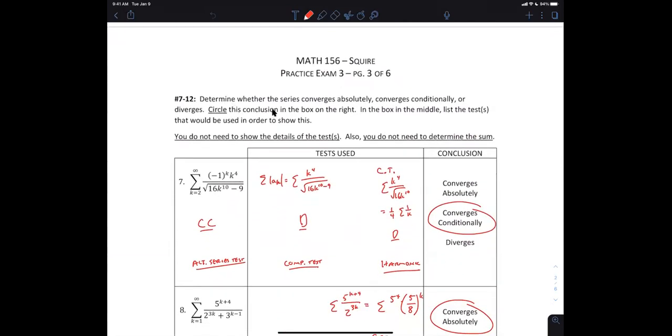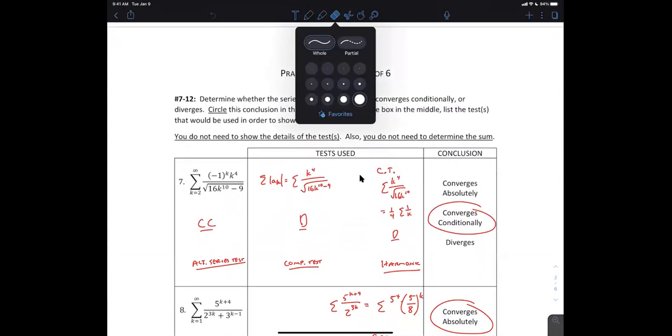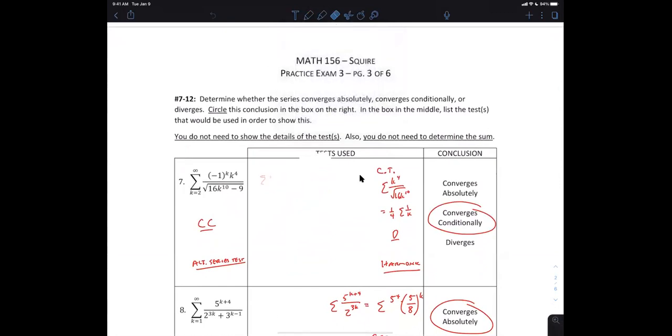And then I have questions, and this will depend on the instructor whether they have these or not. Determine whether the series converges absolutely, converges conditionally, or diverges, circle the conclusion, and then list the tests, but you don't have to show all the details. We were doing the details here, but on this type of question, I would just want to know the answer and then the list of the tests you would use. So you'd say you would use P series here. This one converges conditionally, so you would use one of the comparison tests and you would use the alternating series test.